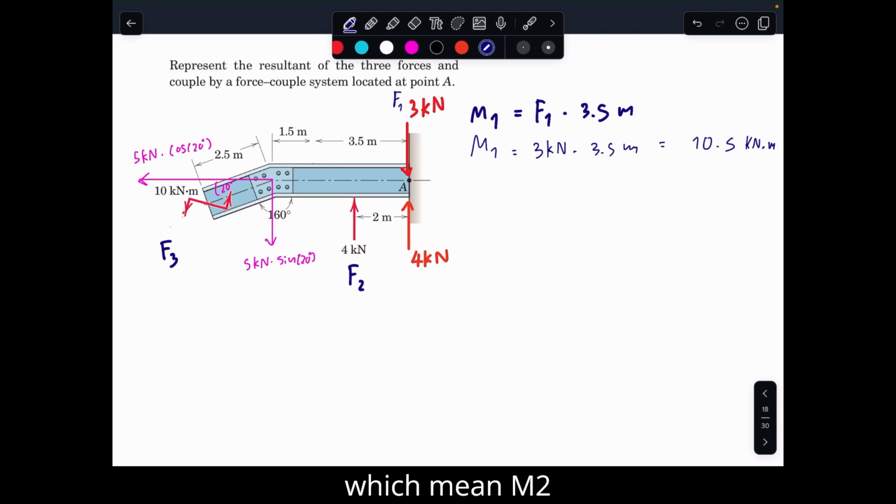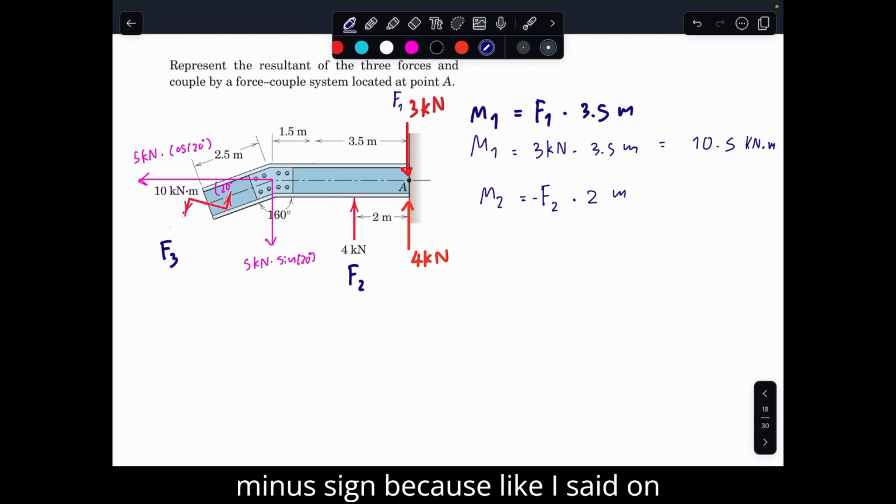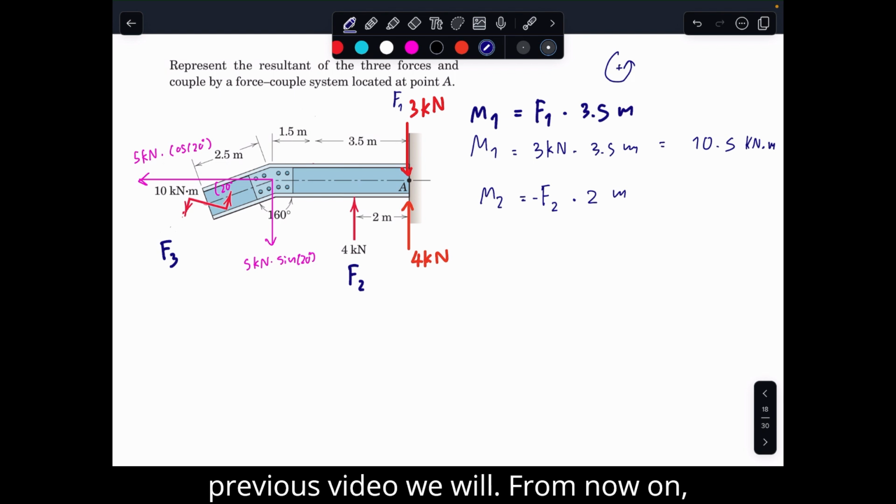So M2 here will equal F2 times 2 meter, but it will come with a minus sign, because like I said in a previous video, from now on we will assume that counterclockwise is the positive direction.